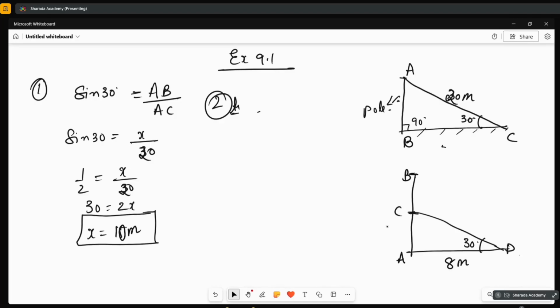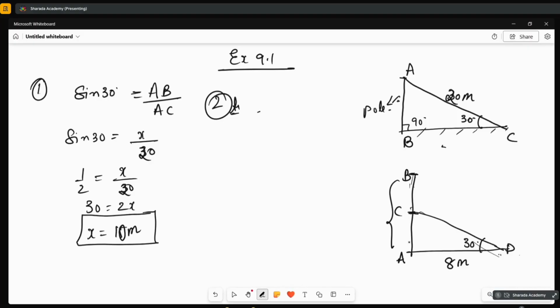Just read and tell me what all I need to calculate to get the height of the tree. AC plus CD. That's what I was asking. Because see here, listen once. One tree is this much. One part of that will be cut and it will fall down. So this is the cut part of the tree and this is the remaining part.